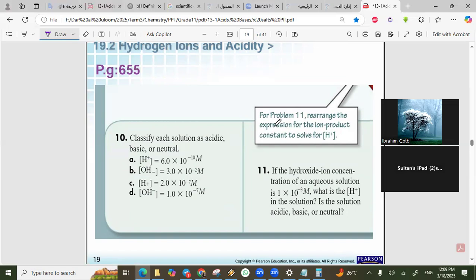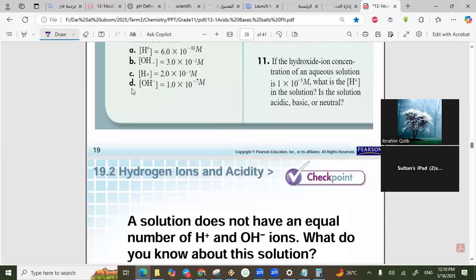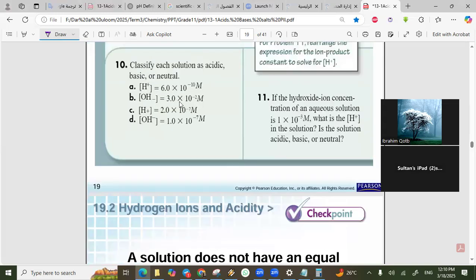It is less than 10 negative 7, so it is basic. It is basic because the hydrogen ion value is not great. We can apply this here too: 10 negative 2 means OH is high, so this is basic, and so on.